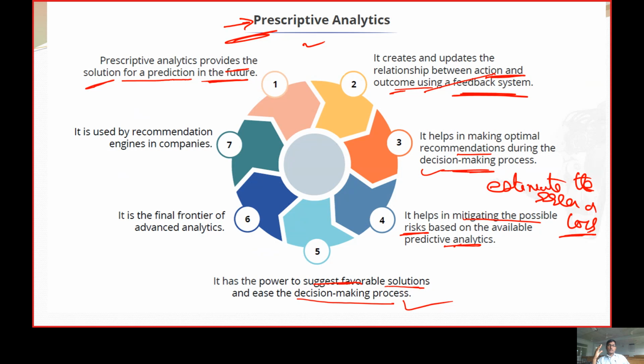If you take this decision, the score is 90%. If you take that decision, there is an 85% chance. In this way it gives the score and thereby suggests favorable decisions for the model. That was the basic need for prescriptive analysis. It is the final frontier of advanced analytics.